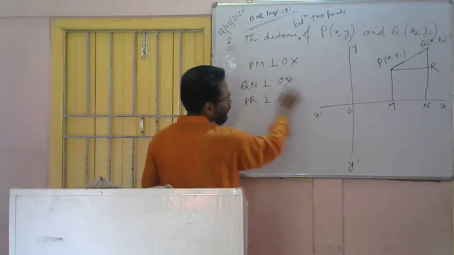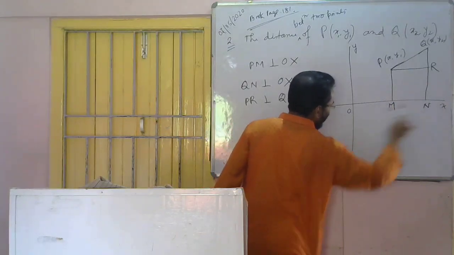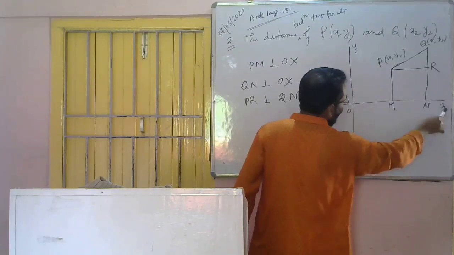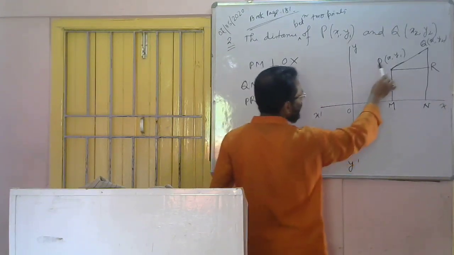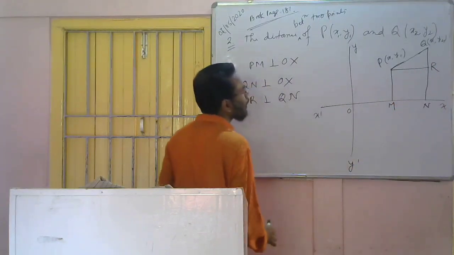So the first one is PM perpendicular to this OX line, the second one is QN perpendicular to OX, and the third one is PR, which is perpendicular to this line QN.